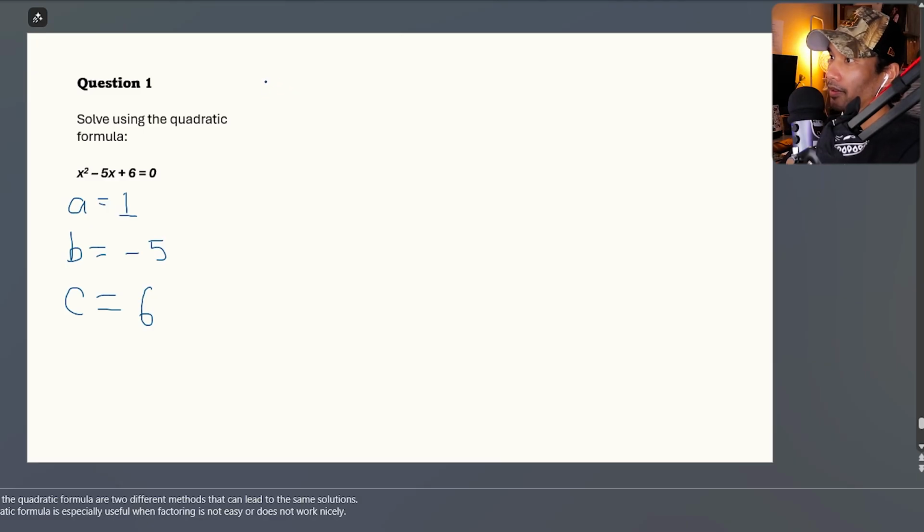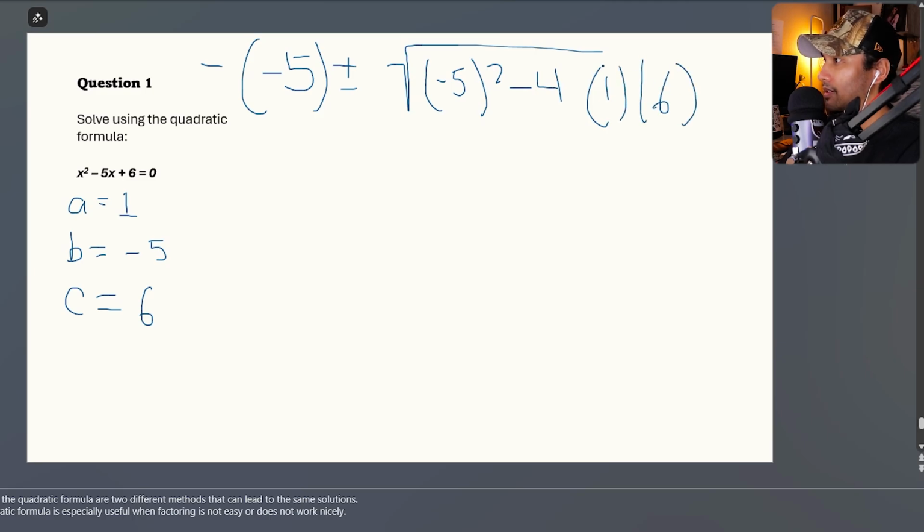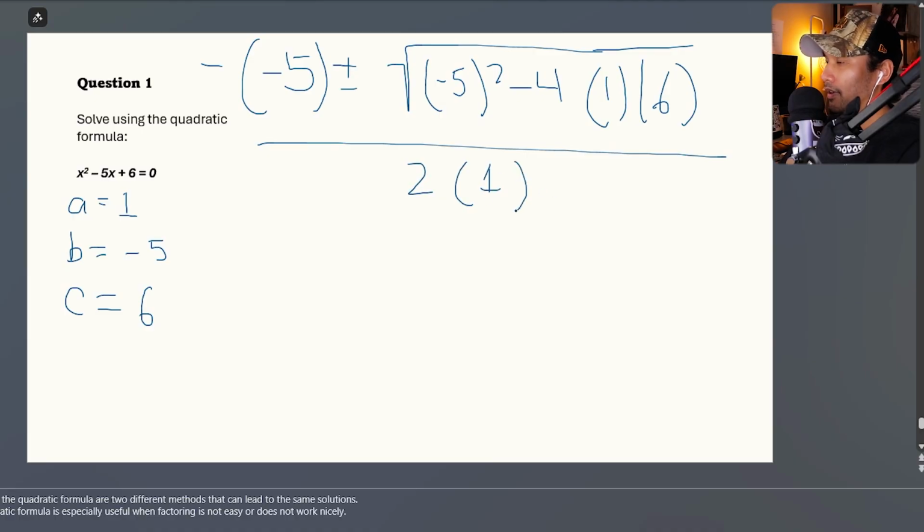So I memorized the formula: negative of negative 5, plus minus the square root of negative 5 squared minus 4 times 1 times 6, over 2 times 1. I would do this on the test, because I memorized the quadratic formula, and I want you to memorize the quadratic formula. So let's just take a moment for you to memorize the quadratic formula.